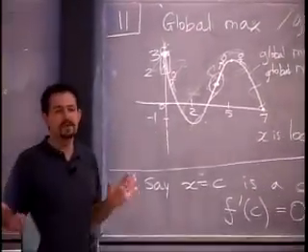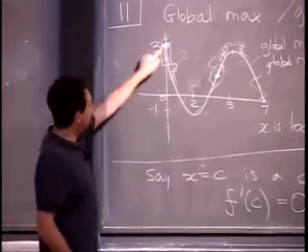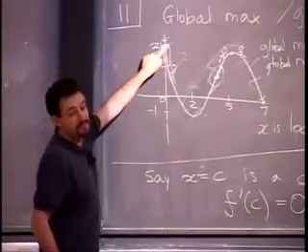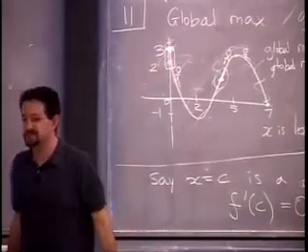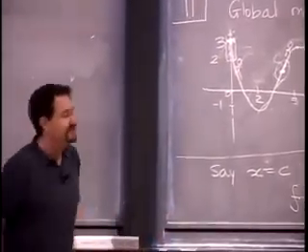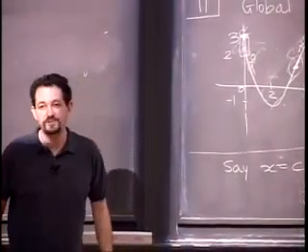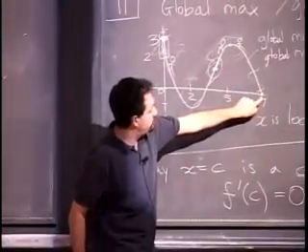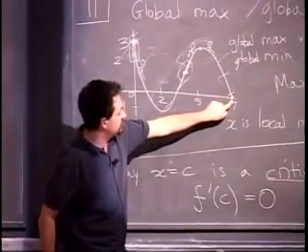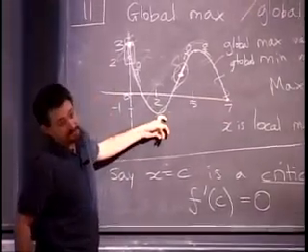I'm just going to call them endpoints. And as you see, this endpoint is a global maximum. It's also a local maximum because every global maximum is also a local maximum. Every global minimum is also a local minimum. This is a local minimum, but it is not a global minimum, because you're lower down here.